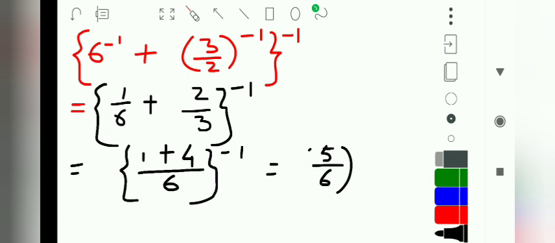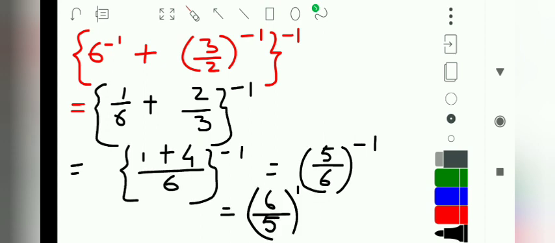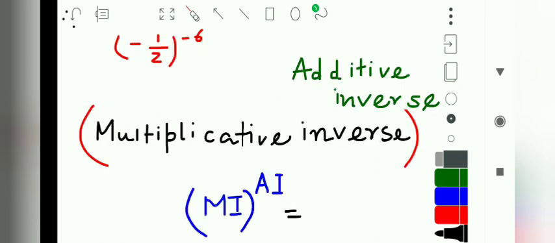Multiplicative inverse of 5 by 6 is 6 by 5 and additive inverse of minus 1 is 1. Just do the multiplicative inverse of the number which is in the bracket and the additive inverse of the power if the power is a negative number.